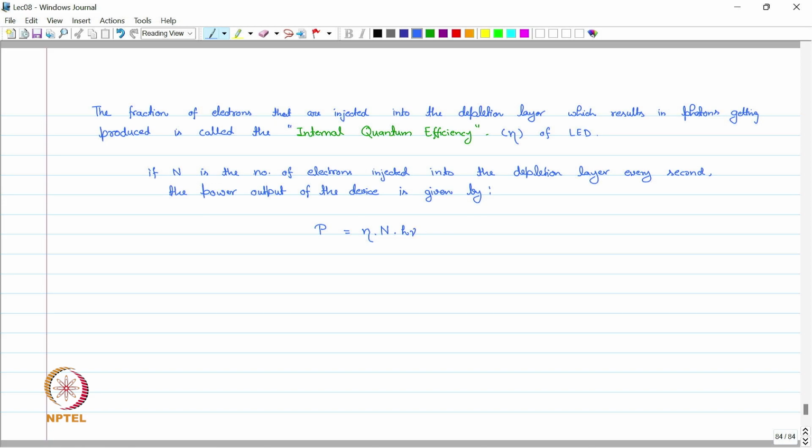So this is the power output of this device, or we can also write it as eta I into h nu upon e, where e is the electronic charge.